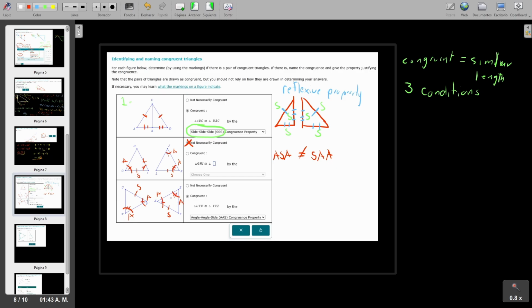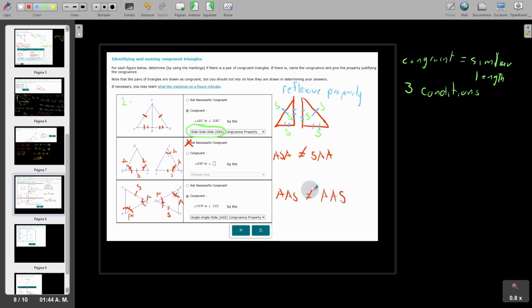Angle 2 and angle 2. So we can say that this is angle, angle, side, because I'm starting counting here. And this is the same as you can start here, an angle, and a side.